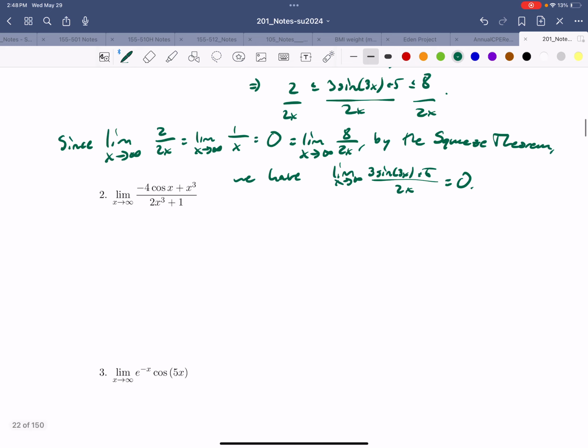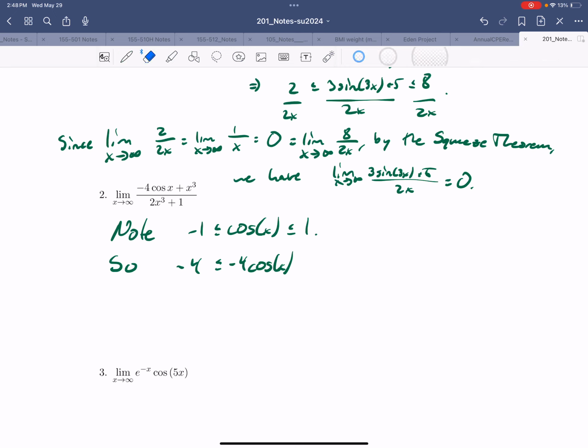Next up, similar sort of thing. So we're going to note that cosine is between -1 and 1. So that means that, I guess I'll put it over here, -4 is less than or equal to -4 cosine of x, less than or equal to 4.